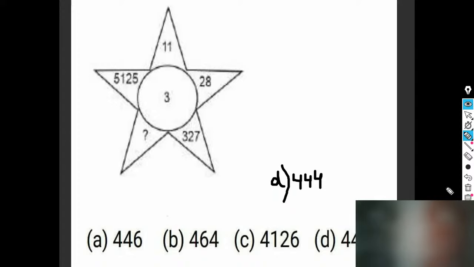Okay, I'll give you a small clue. This is based on cubes.